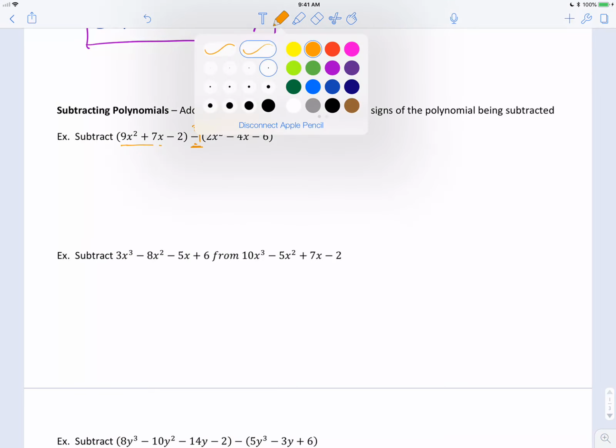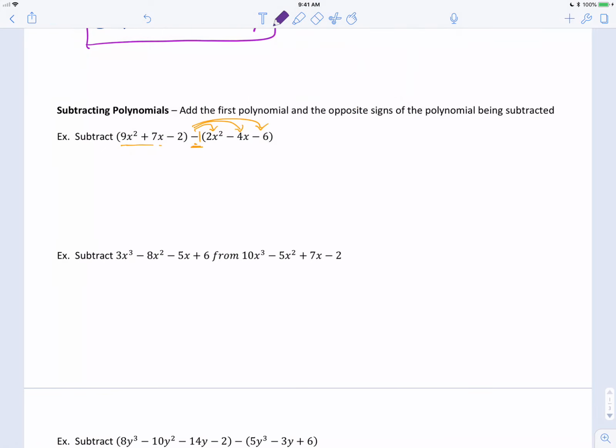So first off, we're just going to rewrite this with distributing that minus sign throughout that polynomial. Then that just has us adding together like terms after that. So if I take that minus sign and I distribute it to that 2x squared, that gives me a negative 2x squared.